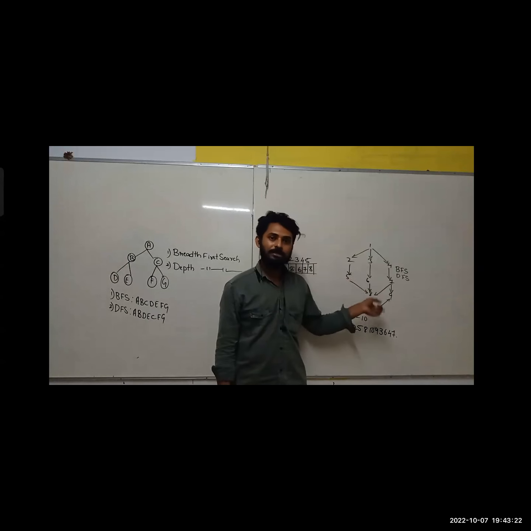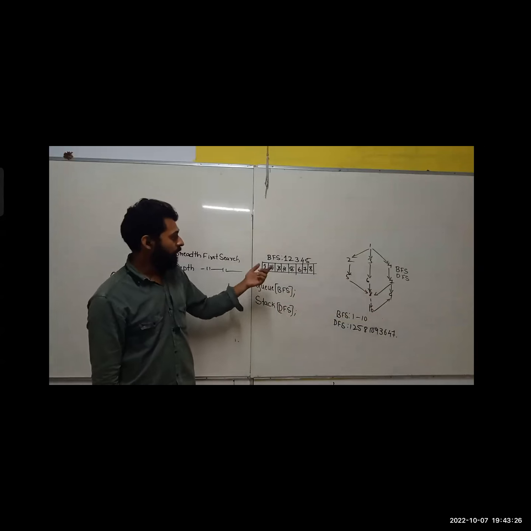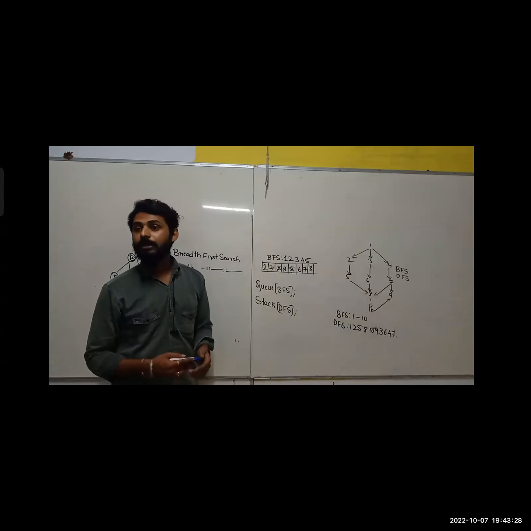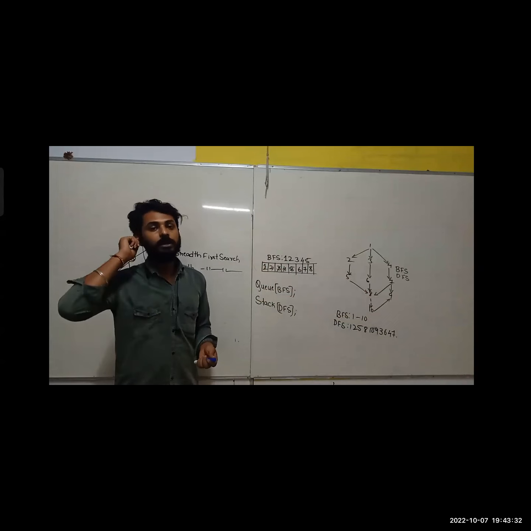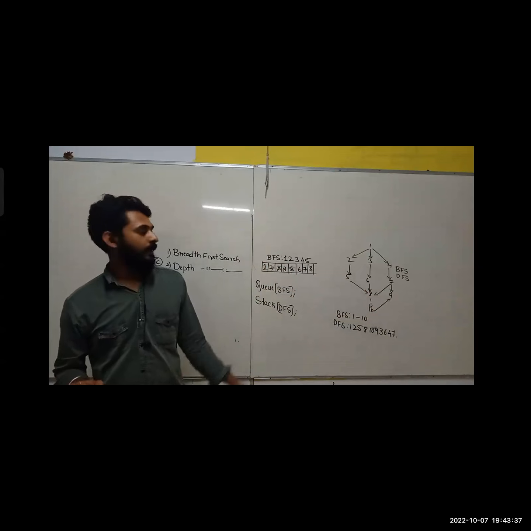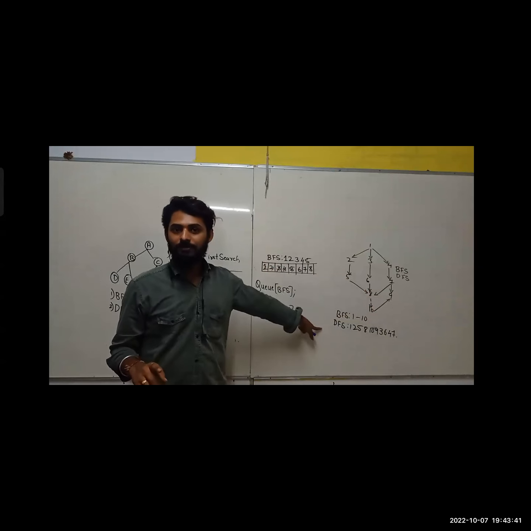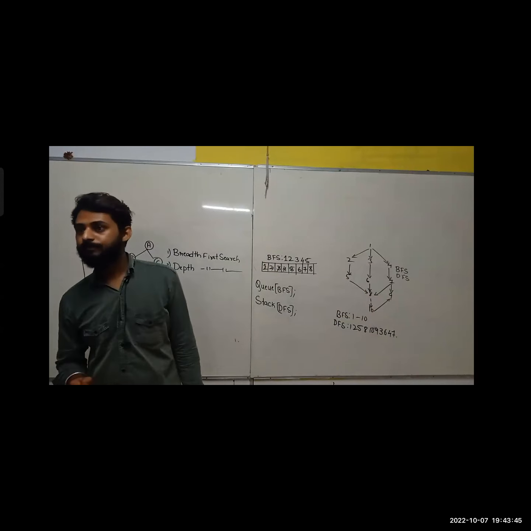I'm not worried about multiple incoming edges here. But as I've already told, every vertex should be visited at least once. In this, am I visiting every node at least once? Yes. That should be the condition.